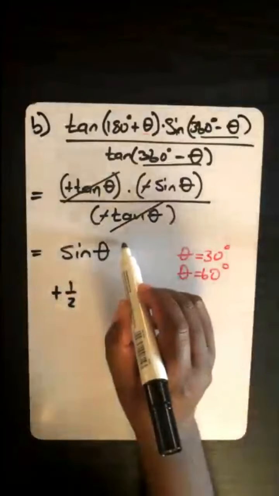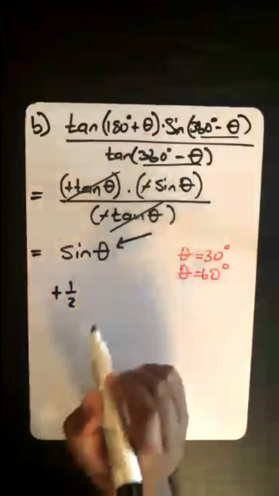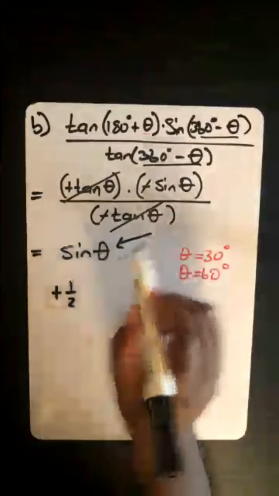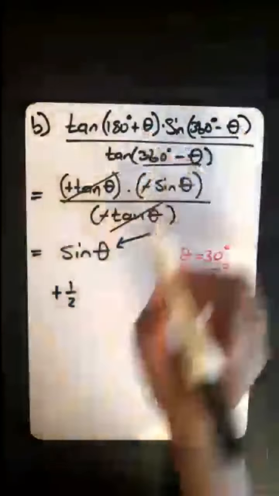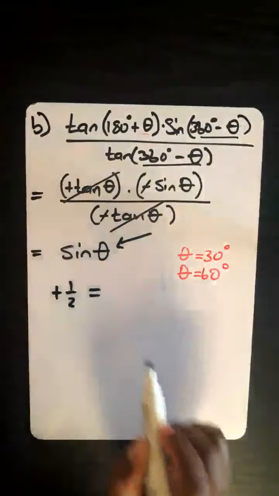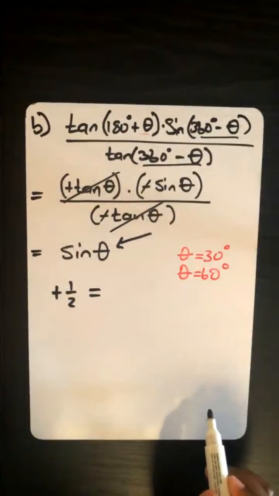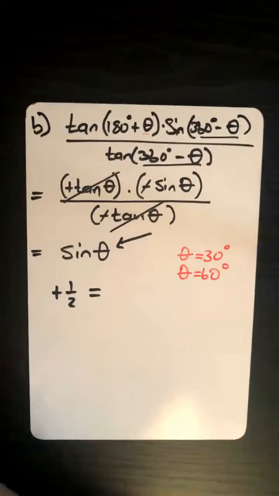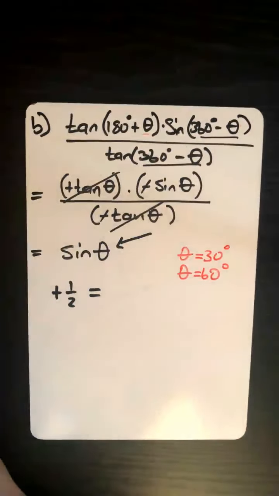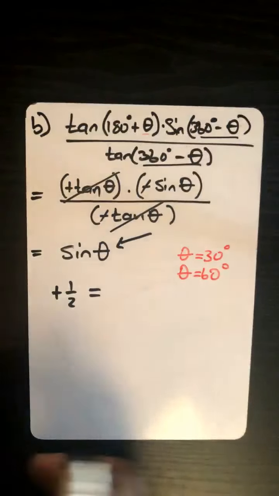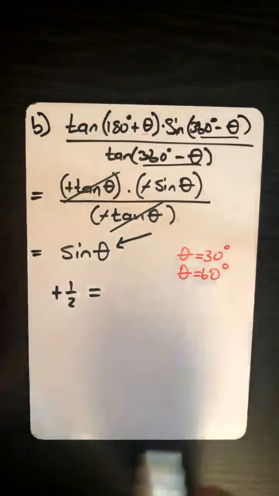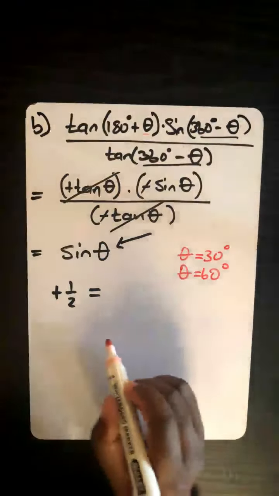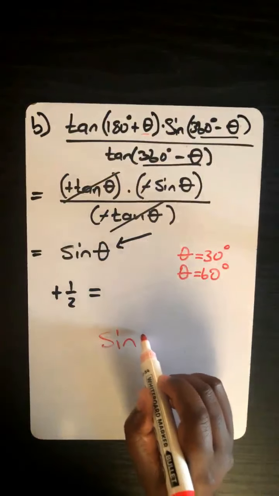So again, whatever that same angle that you substituted there, substitute it here and check if you find a positive 1 over 2. What are you getting, guys, when you punch this?